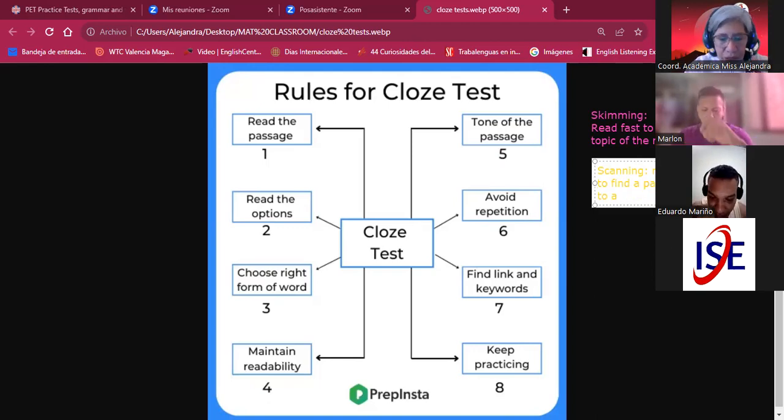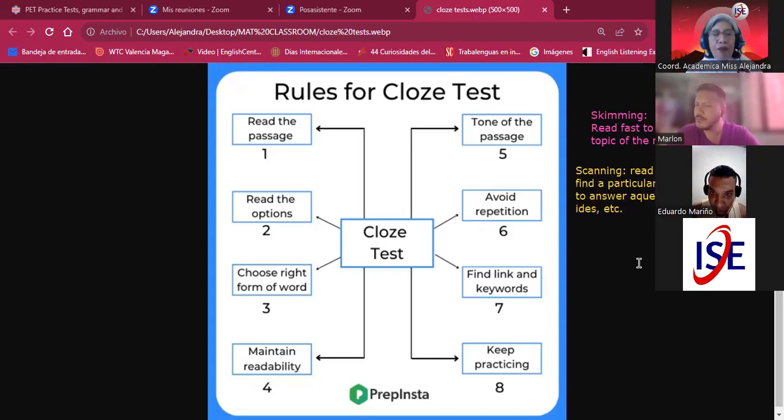To answer a question, to identify main ideas, etc. That etc. is identifying main ideas, find the answer to a question, try to guess the meaning of words.